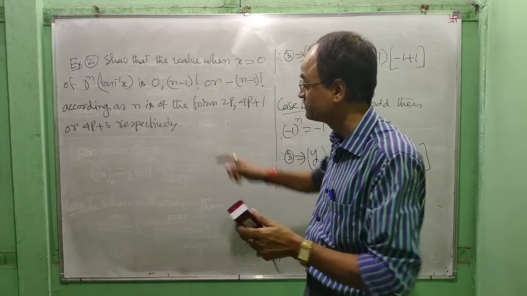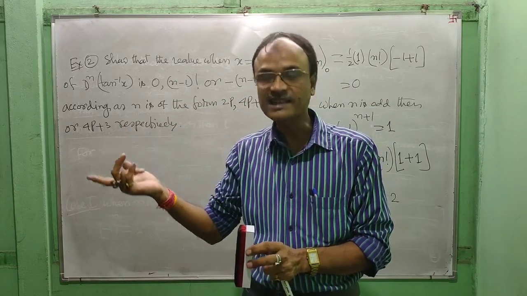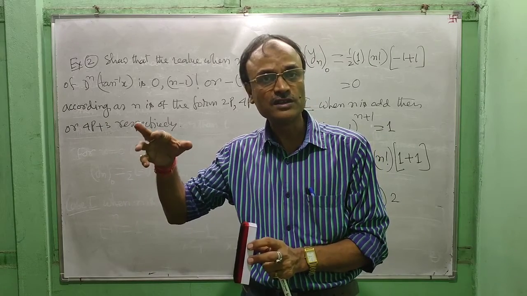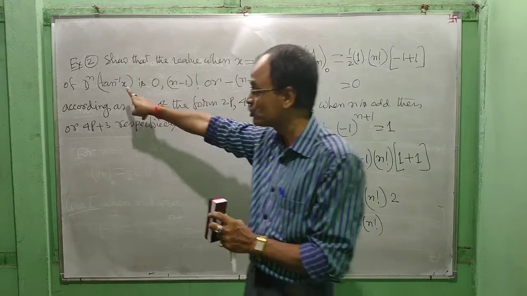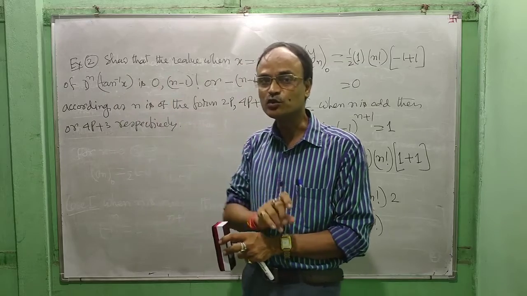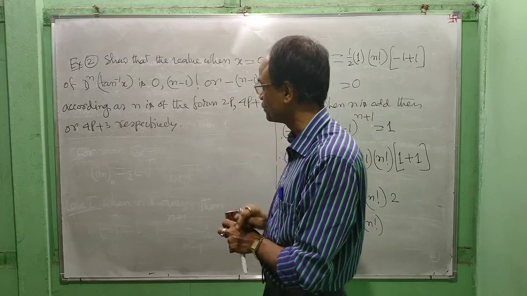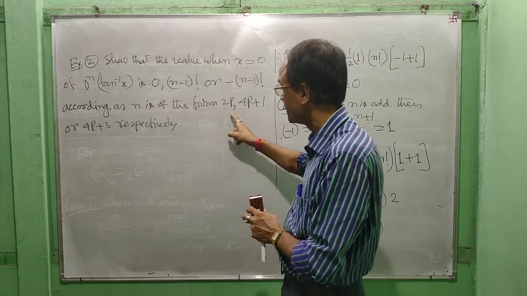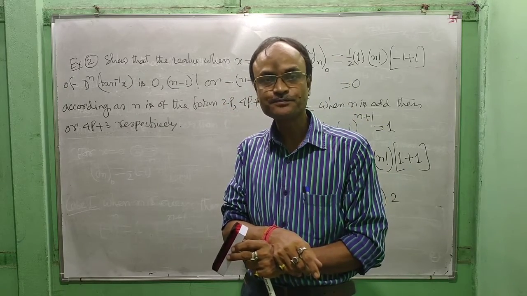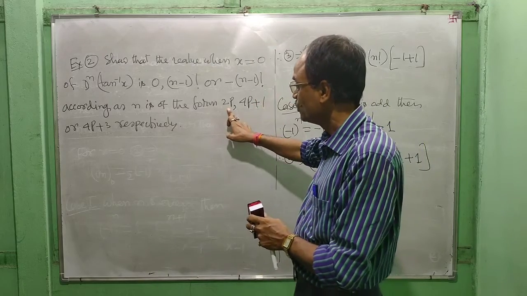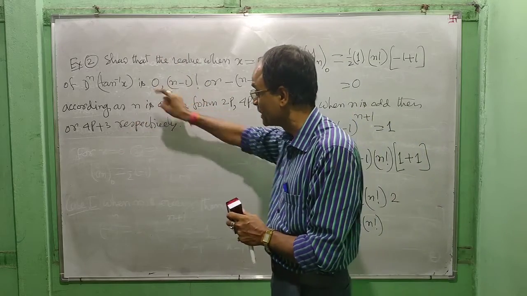Notice that we have to find the nth differentiation of tan inverse x, which has been already done. Next, we have to find it for x equal to 0. We have to discuss three conditions. Condition 1: if n is of the form 2p, then we have to show that the nth differentiation for x equal to 0 is 0.